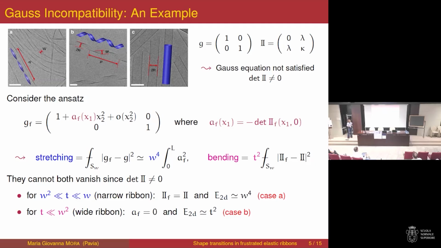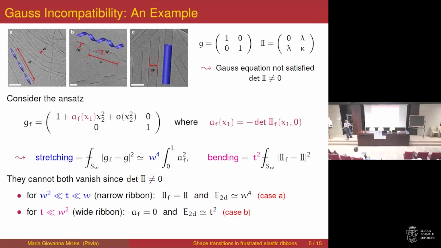More precisely, if t, which is always much smaller than w, is much bigger than w squared, then it's convenient to achieve the target curvature so that the energy is pure stretching, and so it's of order w to the power 4.